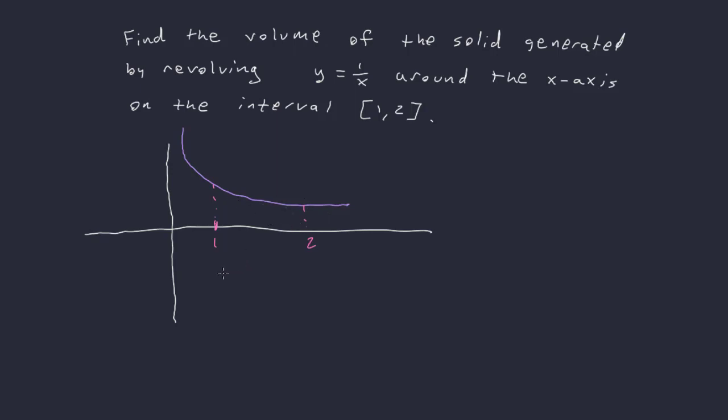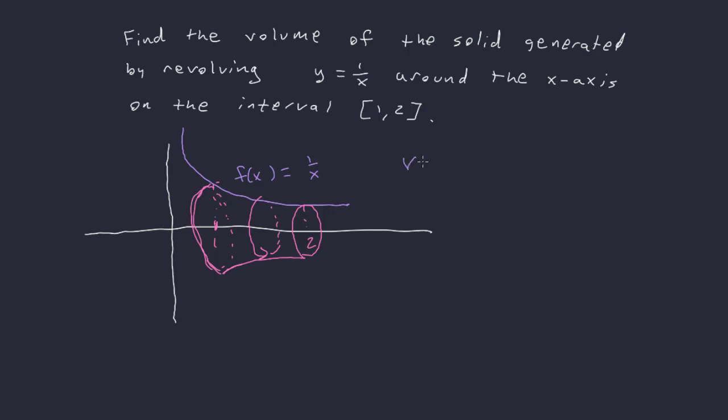So what we're really looking at is this shape here, because we're revolving around the x-axis. So here is our shape. Here's the function. You can call it either f of x or y equals 1 over x. And we pretty much have all the information we need to get this strange little shape.